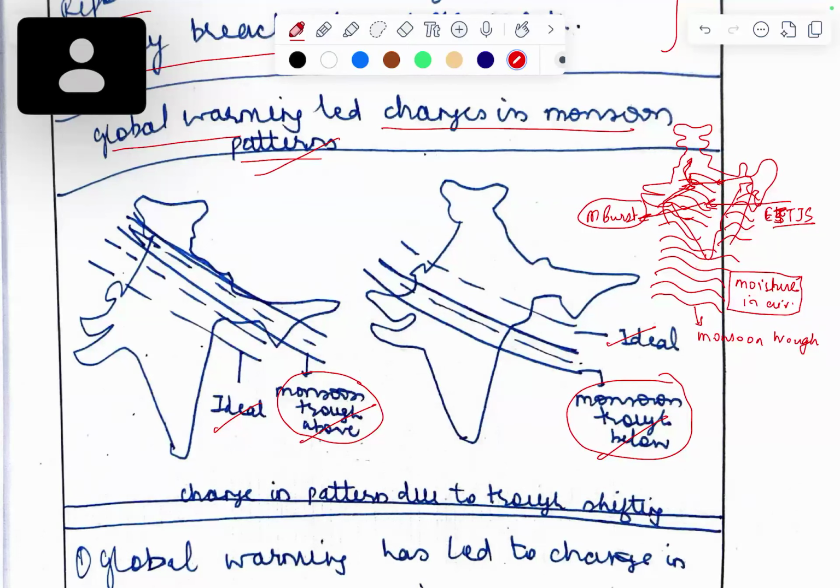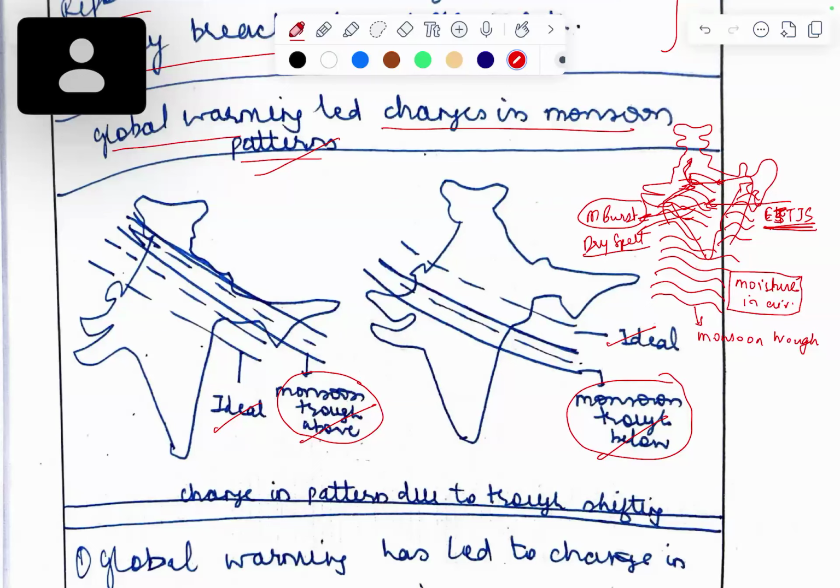The monsoon trough is just a condition, a condition of how the winds are moving. If they are not colliding with the eastern subtropical jet stream or eastern tropical jet stream, it will not result in rainfall. The clouds or the winds will just move out of that area. But if they are colliding with the eastern tropical jet stream, it will result in rainfall. So when they are not colliding, it will result in a dry spell.